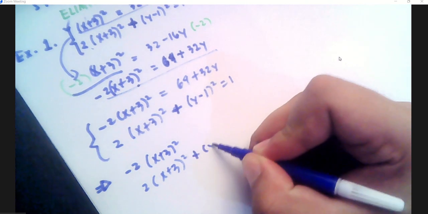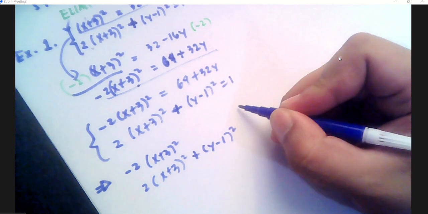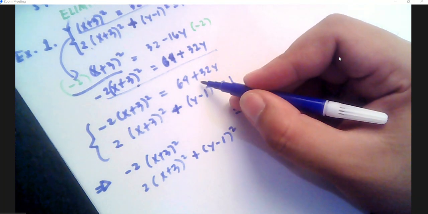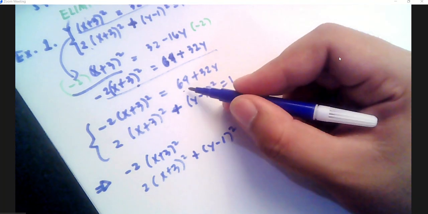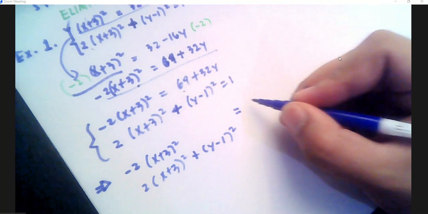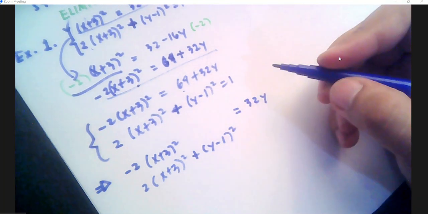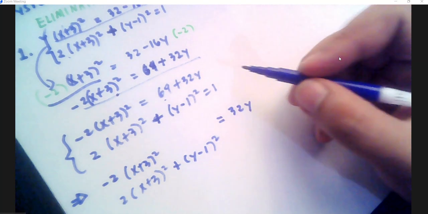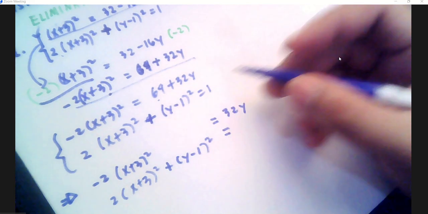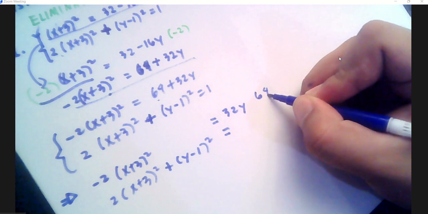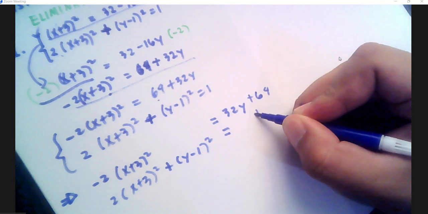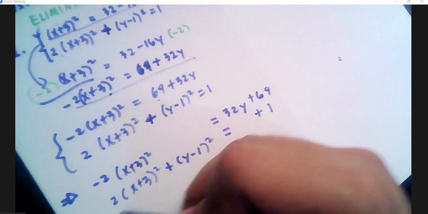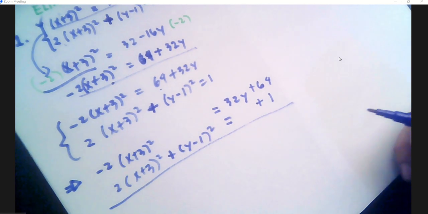Does not have, so let us copy and let us just align 64. So you have, let us arrange 32y, of course y should be put first, and 64. 64 is the same with 1, so 64, that is still plus 1. Okay, so let us now eliminate, just cancellation method.